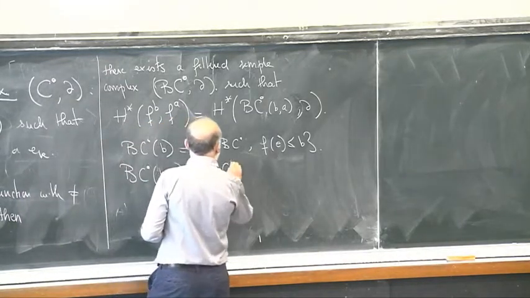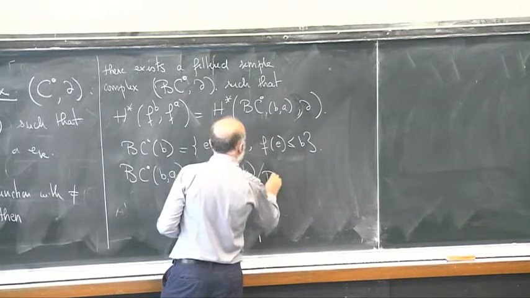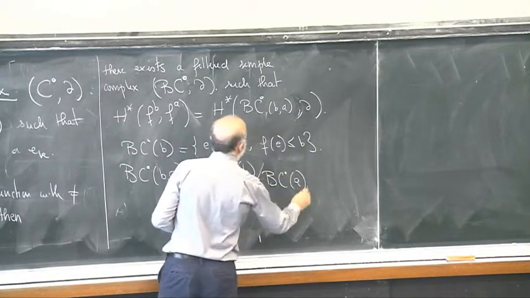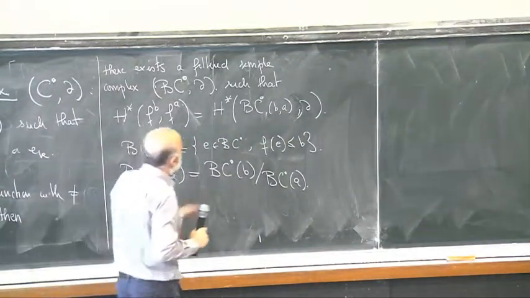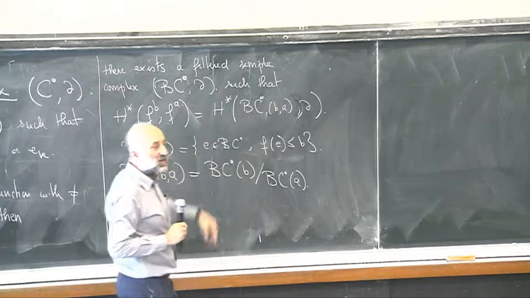And this is just the quotient BC star B over BC star A. Of course, when you write such a filtration, it assumes that the boundary map respects the filtration, I mean, is increasing.